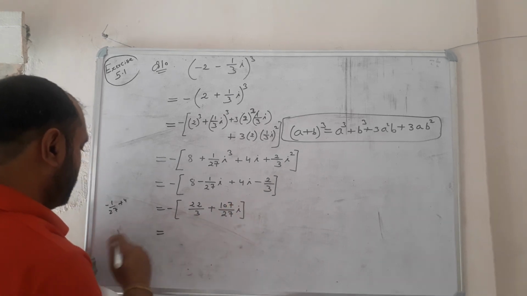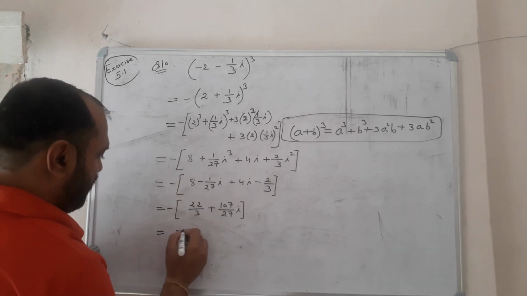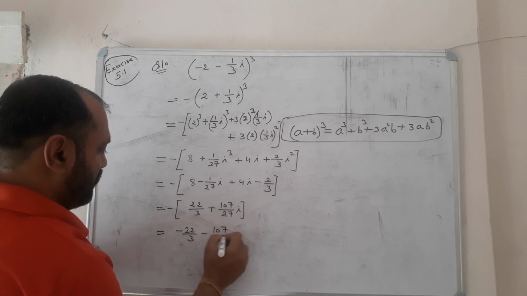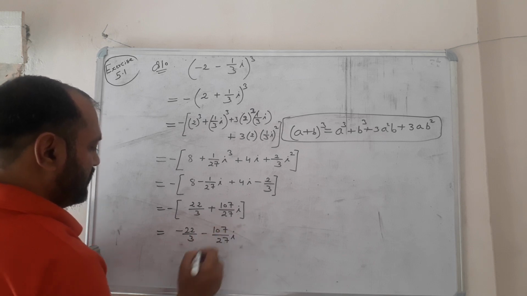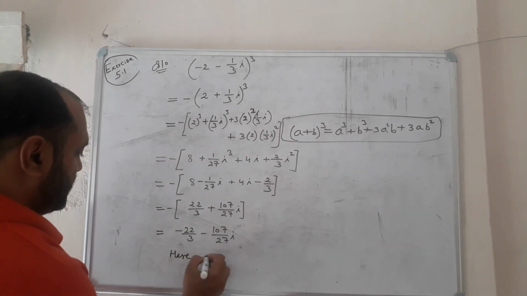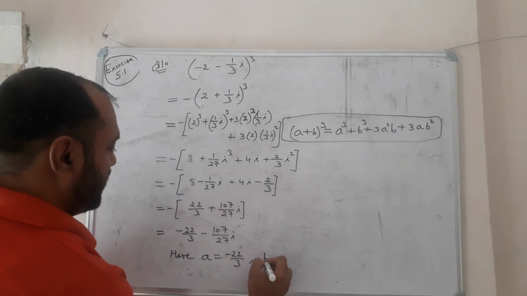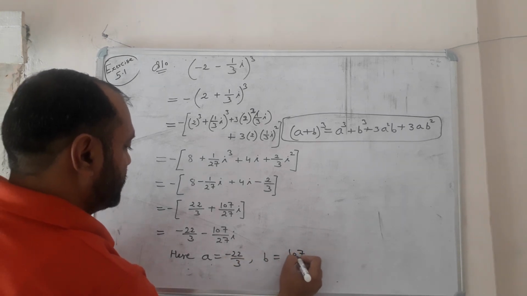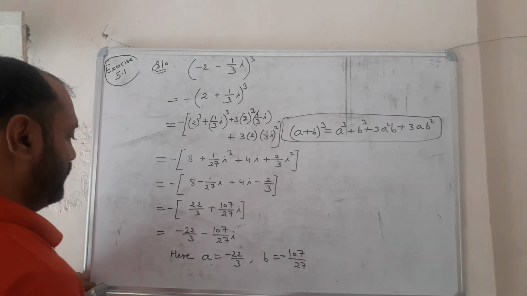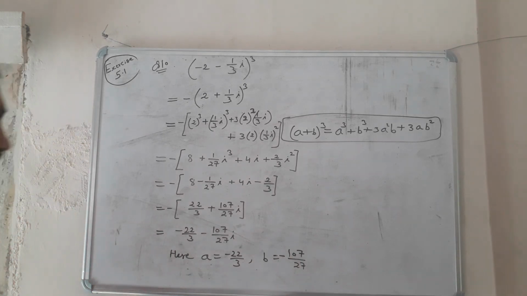Now I am multiplying this, opening this bracket, we get minus 22 by 3 minus 107 over 27 iota. So this is the right answer. Here A is equal to minus 22 by 3 and B is equal to minus 107 upon 27, right?